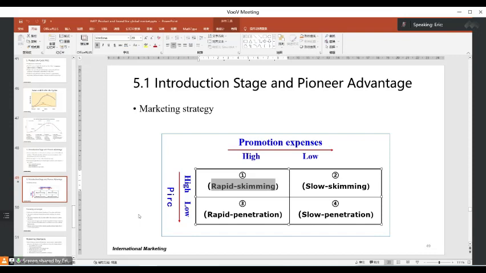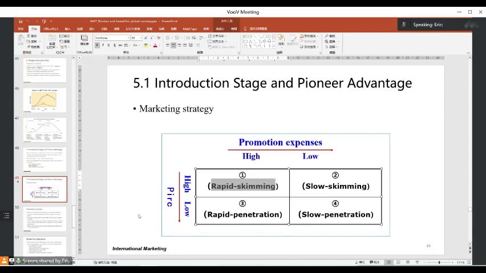According to that context, we can call the price stage rapid skimming: high price and high promotion expense. Of course, at that time Jobs and Apple were very famous, so maybe they did not spend much on the promotion, but the price was high. Rapid skimming, quickly getting the profits.